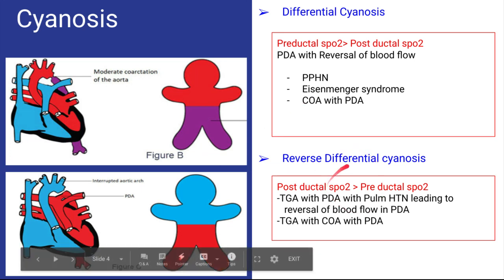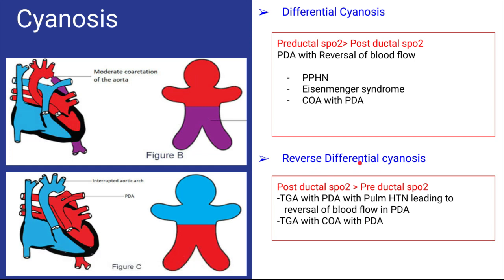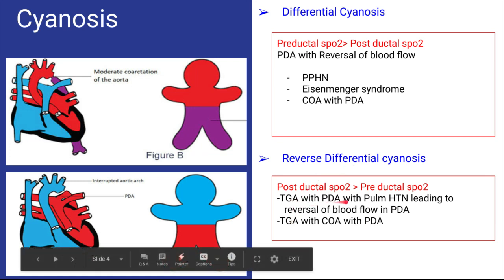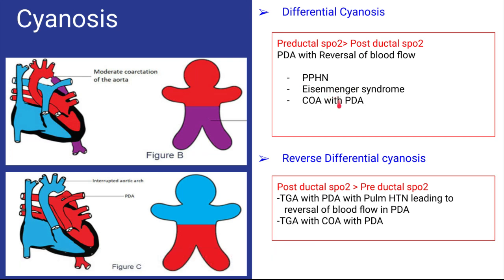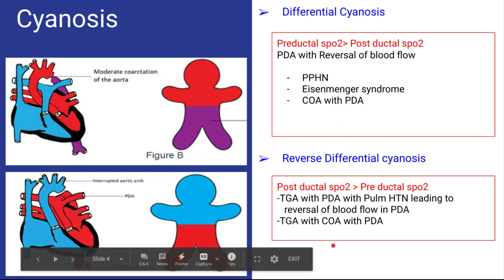So in reverse differential cyanosis, postductal saturation will be more than preductal saturation, and examples are TGA with PDA and reversal of blood flow, and TGA with coarctation of aorta with PDA. So this condition associated with TGA leads to reverse differential cyanosis.